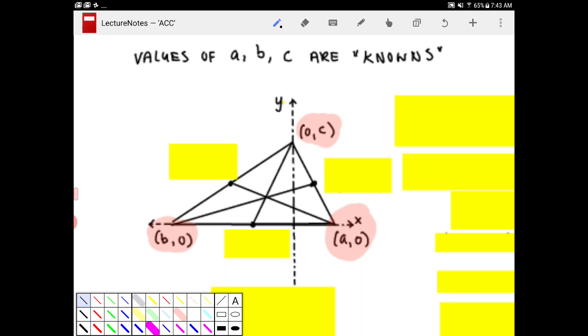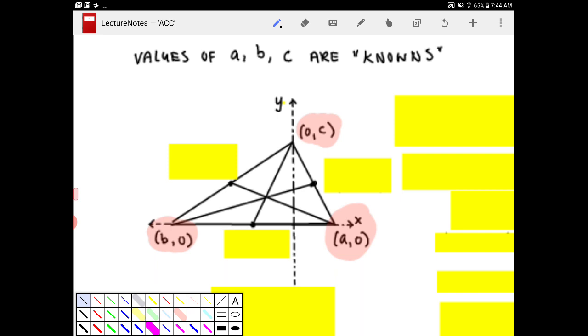Even though we don't have a specific value for a, b, or c, we're still calling them knowns. And that is because this triangle has to exist somewhere. In order for this triangle to exist, values for a, b, and c must exist. So that means we have to start off with values of a, b, and c as some known value.